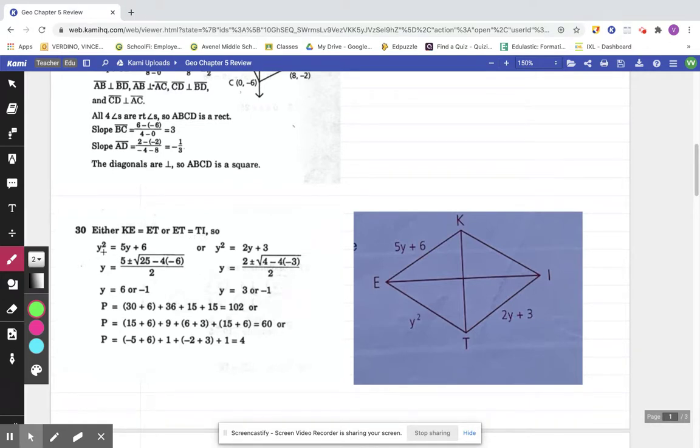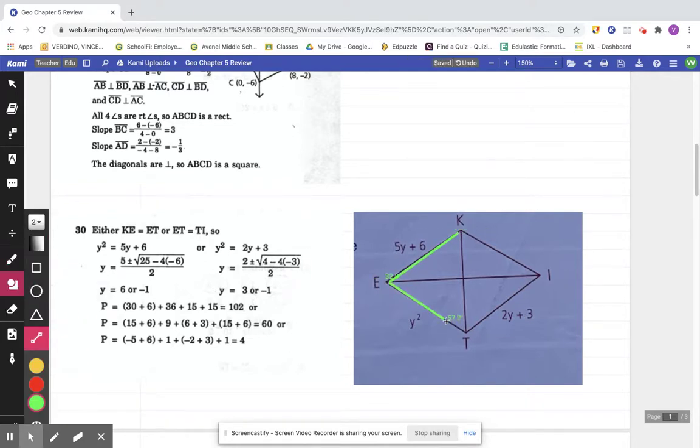So set it up as a formula. y squared is equal to 5y plus 6, or y squared is equal to 2y plus 3. So again, y squared is either going to be equal to this, or y squared is going to be equal to this side. Okay, so those are your two possibilities.